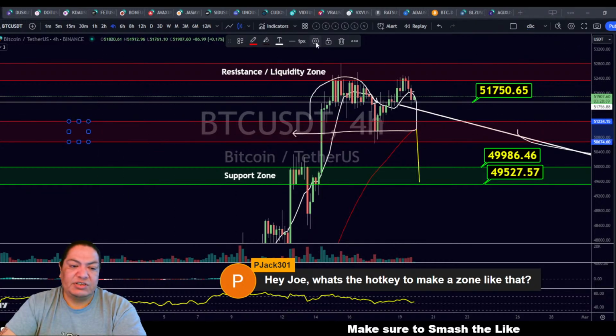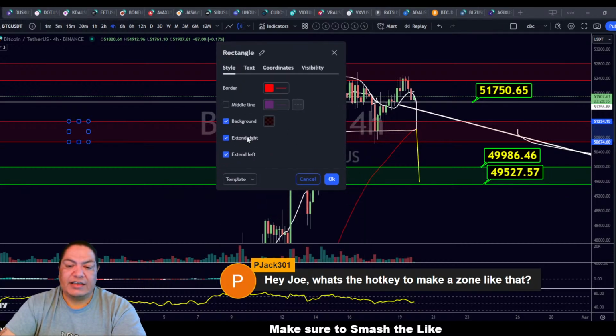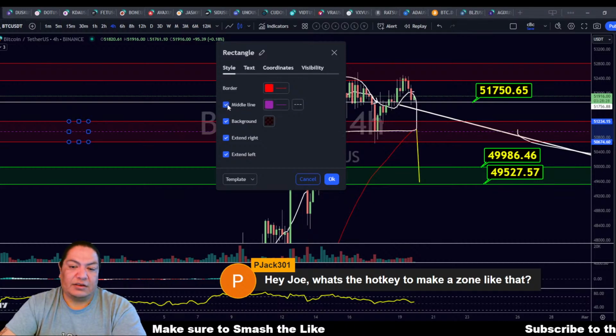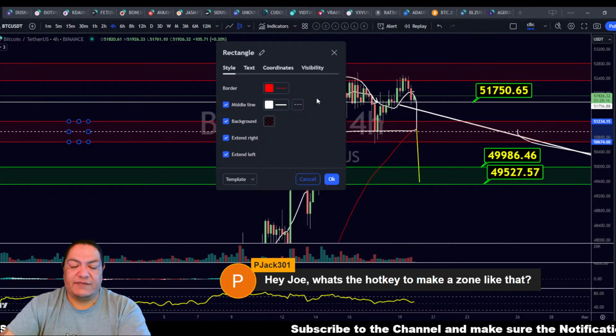Now, yours is going to be different because you need to go into the settings, and go to style, extend to the right and extend to the left, and have it whatever color you want. You can even do a middle line, which I never thought of. It might make it too messy though. I'll show you how to save it too.